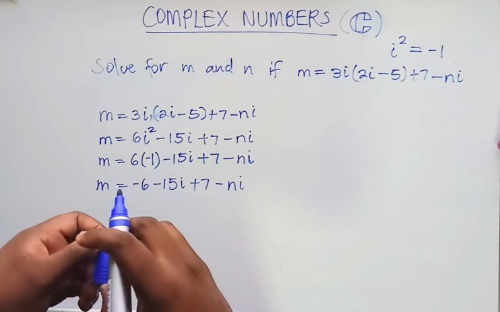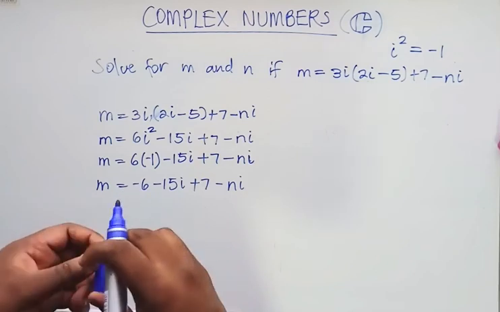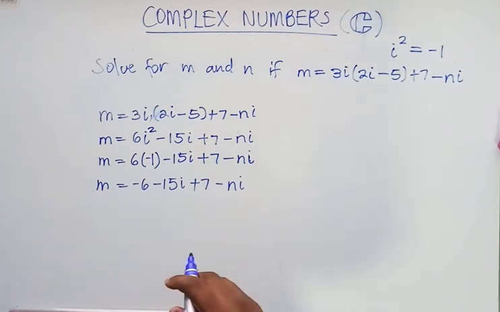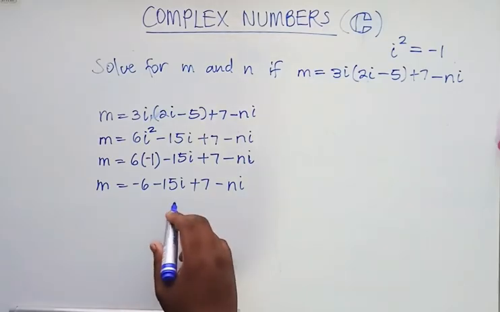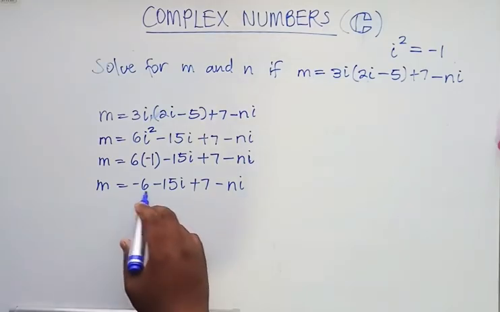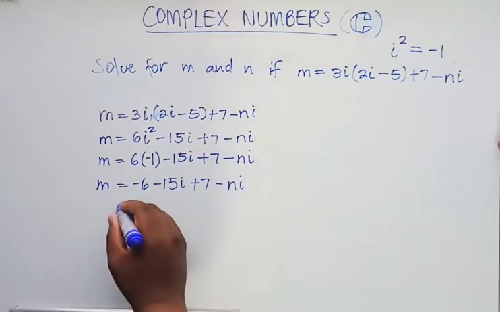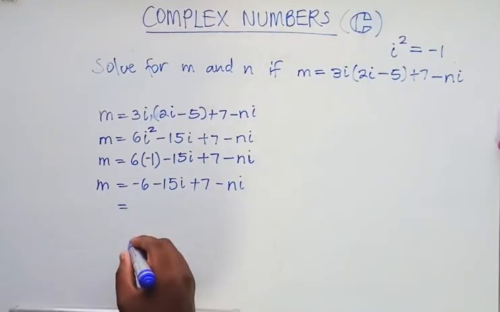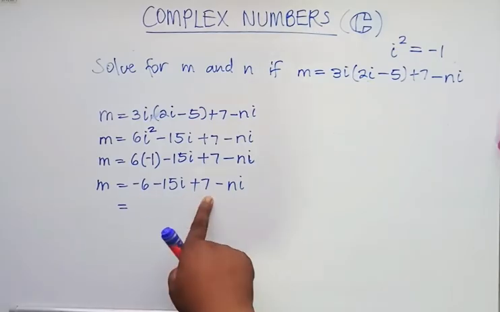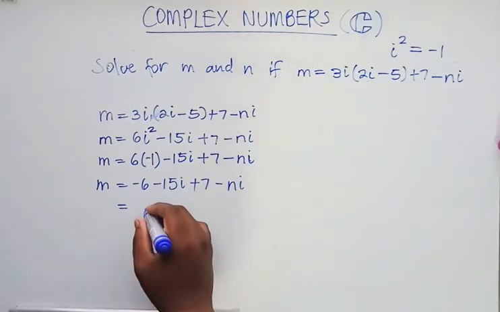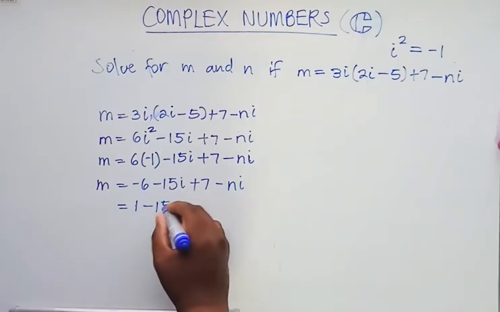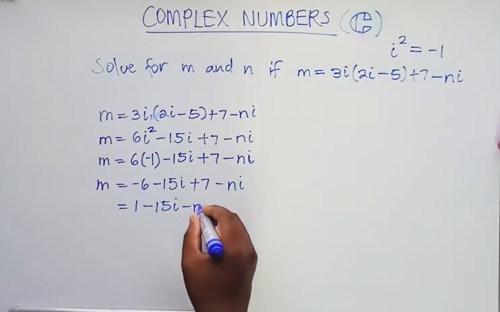And then what is the next step? The next step is to add like terms. Minus 6 and 7 are numbers, so they combine: minus 6 plus 7 is 1. So I have 1 minus 15i minus ni.